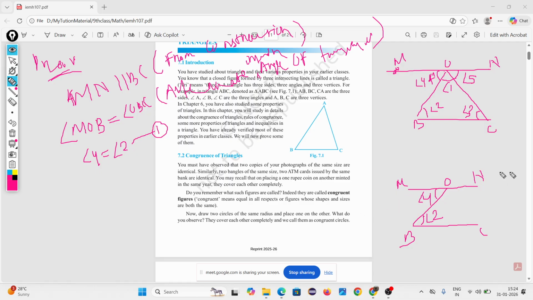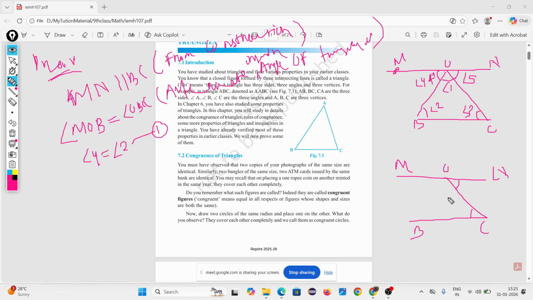Okay, then you look. This is parallel to this. This is BC. This is M. So now CO acts like a transversal. Angle 5, MN parallel to BC, we know.